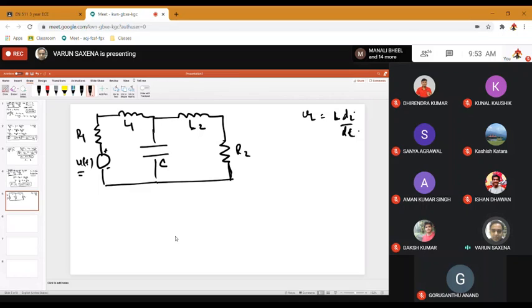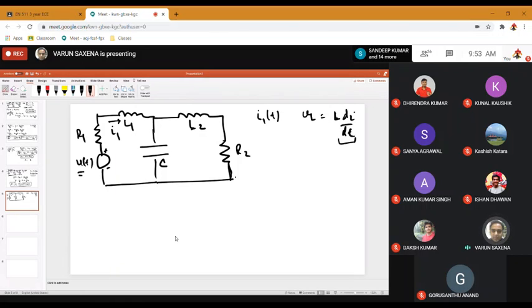So for inductors, the quantities that come in differential terms is di by dt. So you can say that the current in this branch is I1. So one state variable is your I1 because you can form a differential of this state variable.